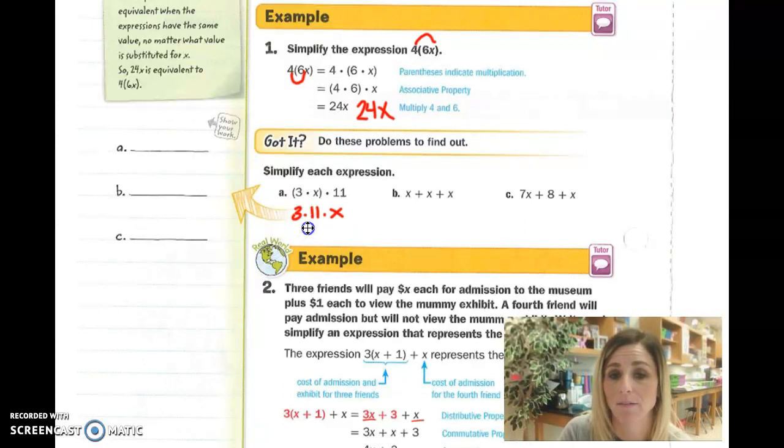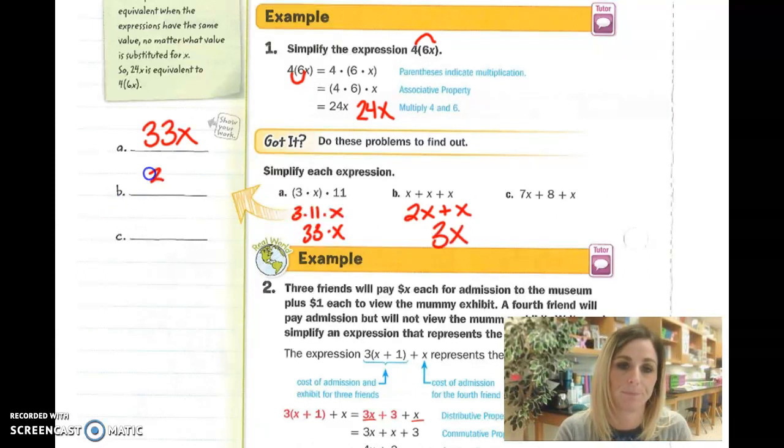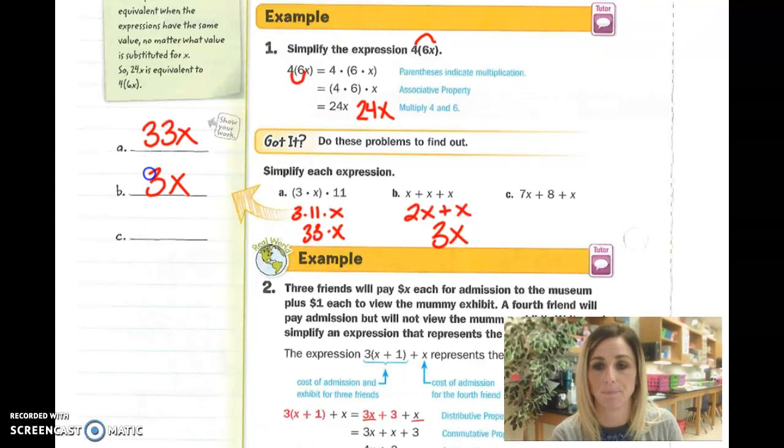So 3 times 11 is 33, 33 times x equals 33x. Over here, I have 2x plus another x. Well, 2x plus 1x is 3x. So I have 3 x's.